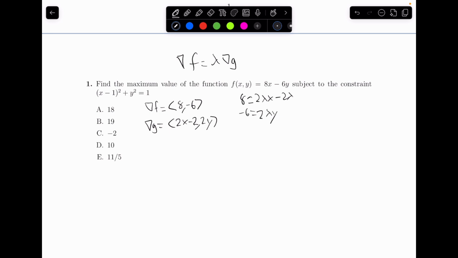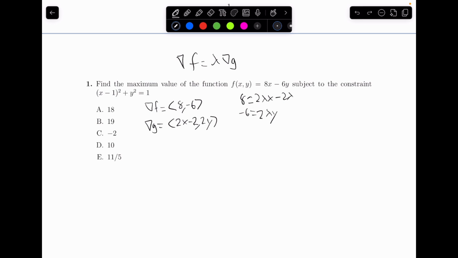Now there are many ways you could go about solving this. You could solve for lambda and then set them equal to each other, or you could solve for the variables x and y and then plug them into the constraint. I think that makes the most sense because you'll get a concrete value of lambda. First, let's solve for x and y.